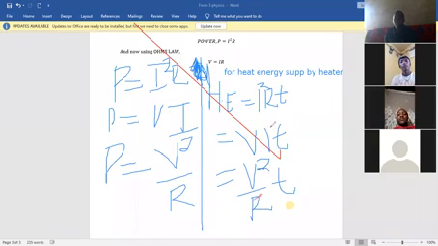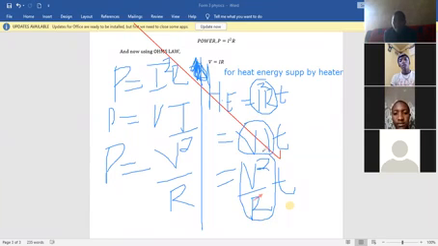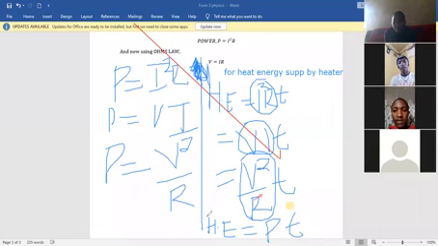This part here is power. So can we say finally that heat energy is given by power times time? Can we have that one?